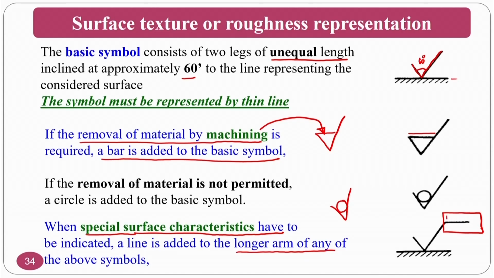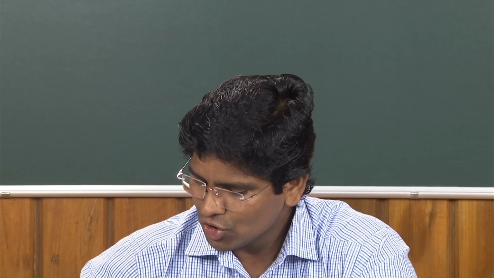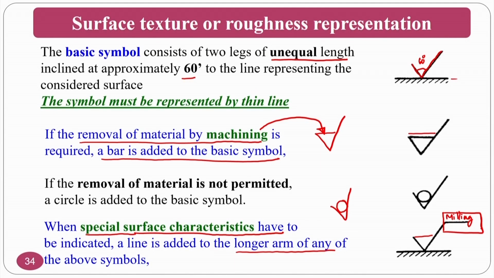It will also come in the upcoming slide, but for your better understanding I am saying this. You have to represent machining because it is a material removal process, and you have to specify milling. That means you have to remove the material and achieve the surface roughness that is specified. It is not specified here, and you have to represent the material removal symbol also.